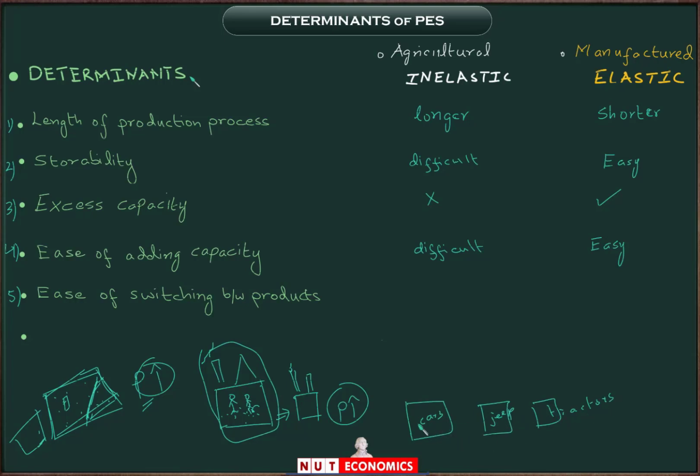Now, as far as manufactured goods are concerned, let me use some example other than cars, because there are much simpler manufactured goods. You can think of clothes, or mobile phones. If a cloth making firm wants to switch production, maybe it is making formal clothes and it starts making casual clothes.